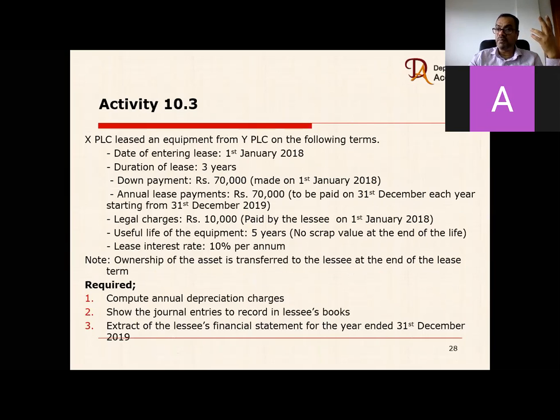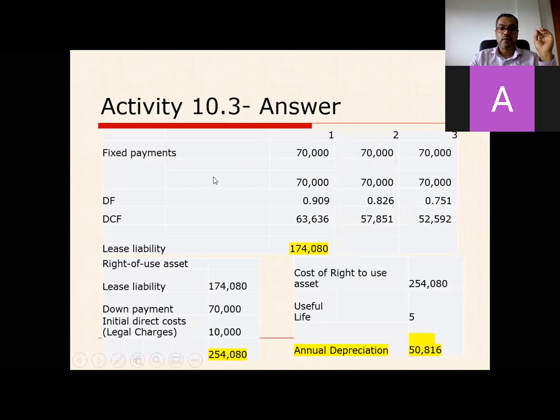Then, as I told you very simply, you need not think of anything. Disregard the lease term, follow the 5-year life. If the ownership is not going to be transferred, then you need to depreciate over 3 years. Then compute the annual depreciation charge, show the journal entries in the books of the lessee, and extract the financial statement.